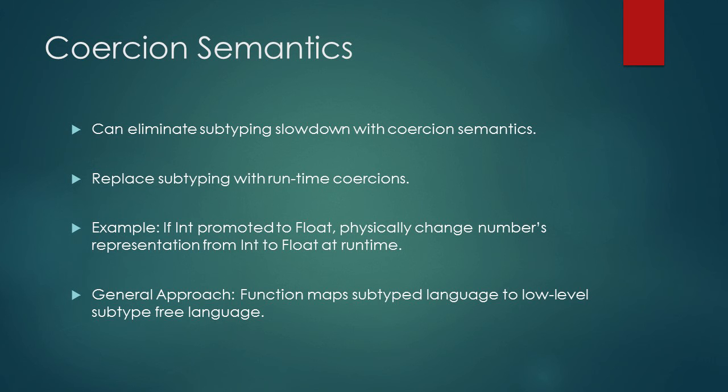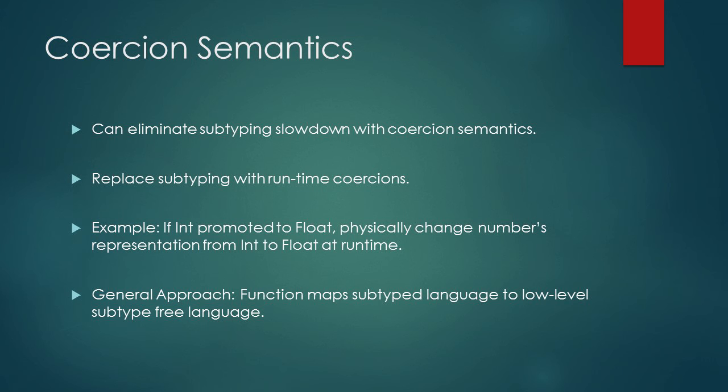You can eliminate some or all of the subtyping slowdowns with coercion semantics. What happens is the subtyping is then replaced with runtime coercions. For example, as we mentioned before, you have the problem that integers and floats need to be tagged.